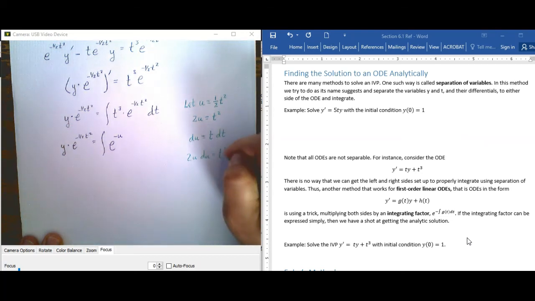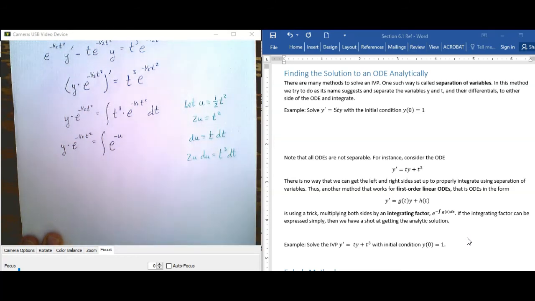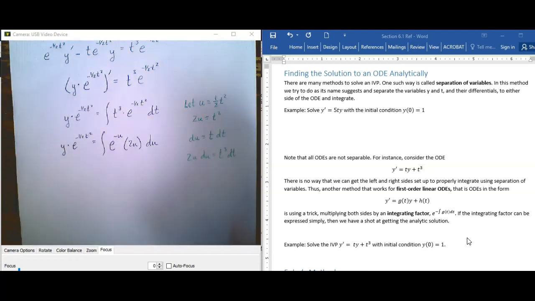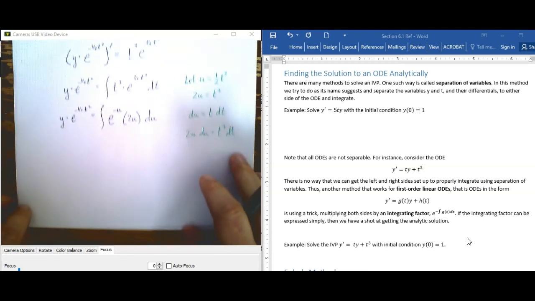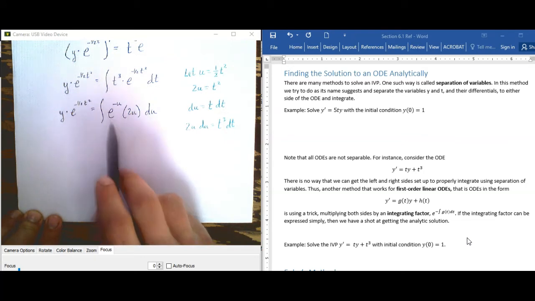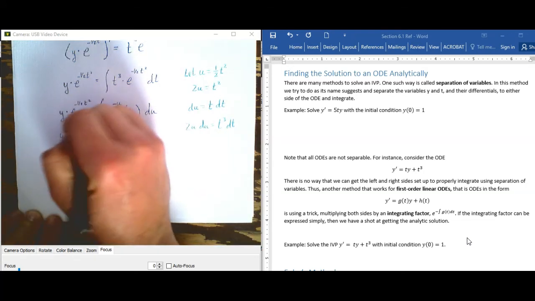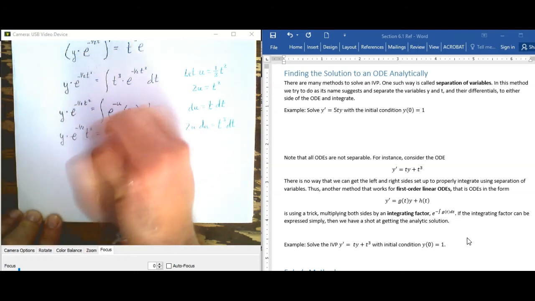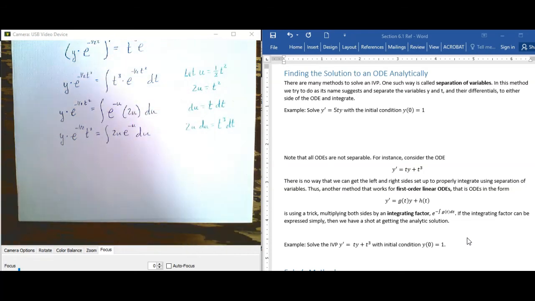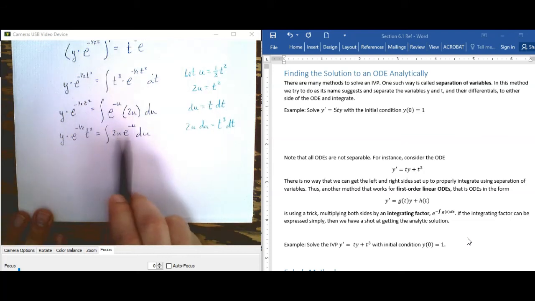That's t cubed dt. Thus we can substitute t cubed dt for 2u du. So let's get the integral of 2u e to the negative u du. With that substitution, we have decluttered the integrand a bit.